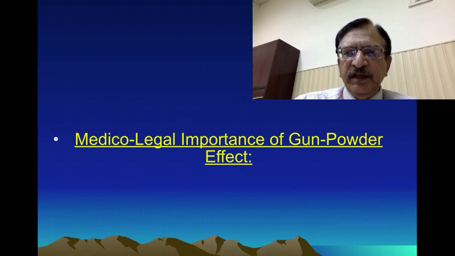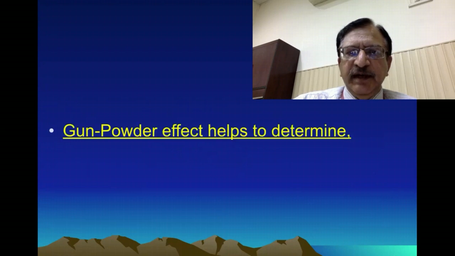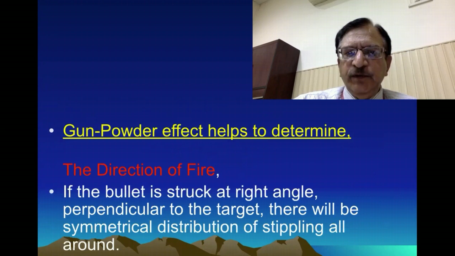The medico-legal significance of gunpowder is that it helps to determine the direction of fire. If the bullet strikes at a right angle, perpendicular to the target, there will be symmetrical distribution of stippling all around.